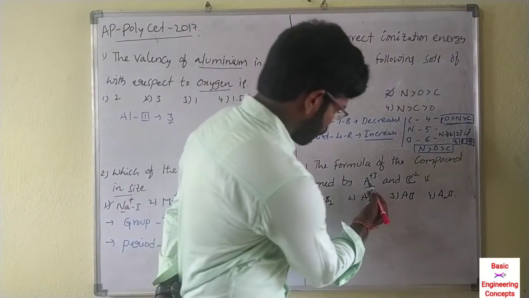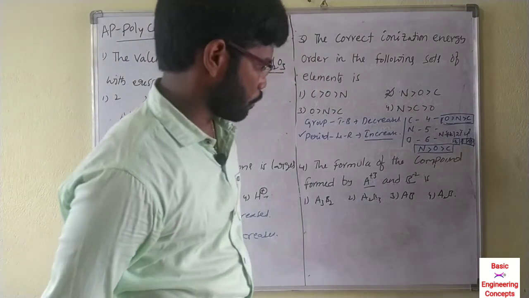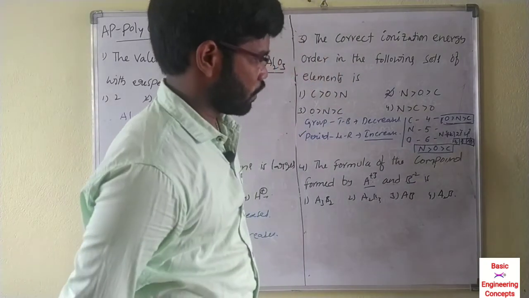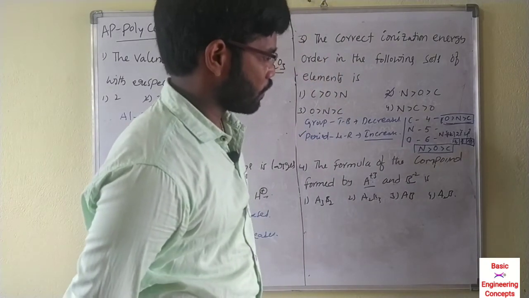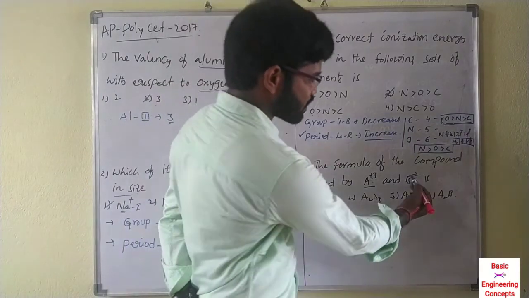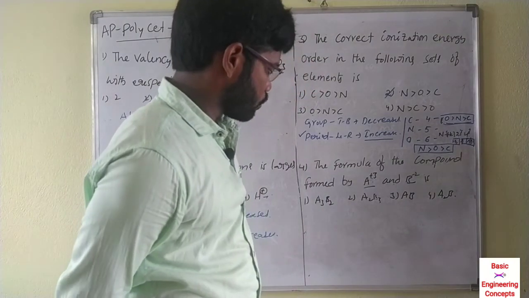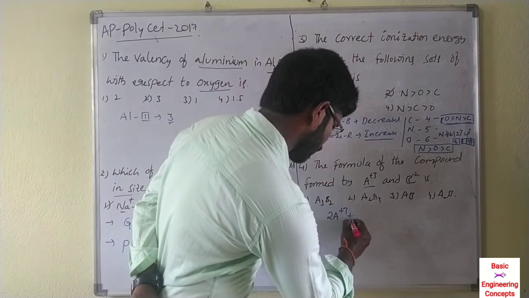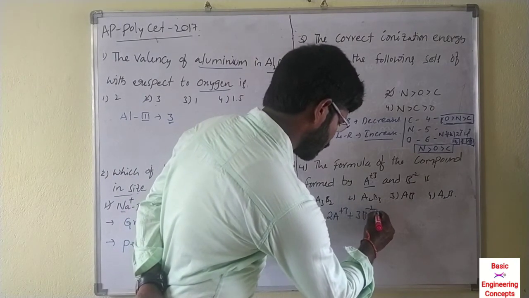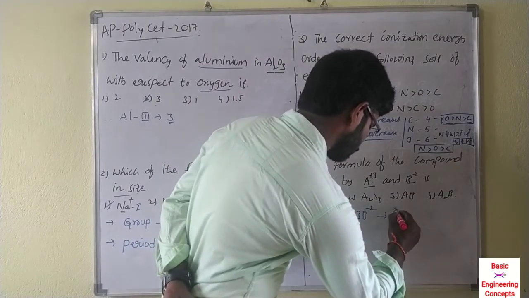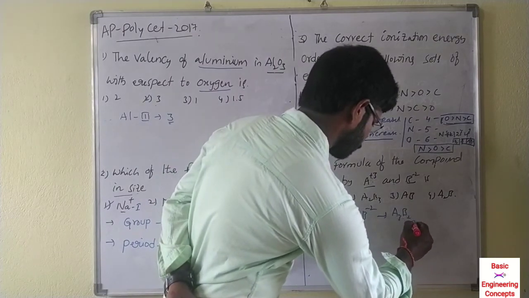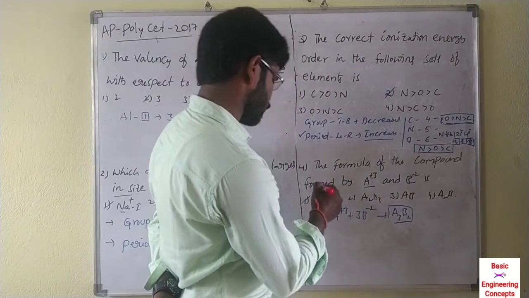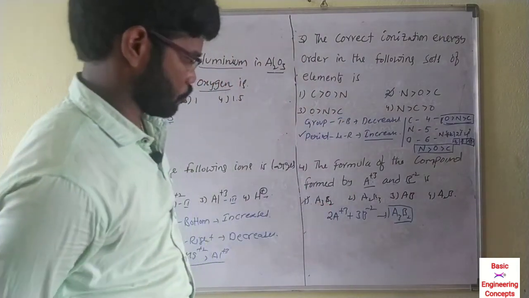A3+ means it is a third group element, B2- means it is the chalcogens family, the oxygen family. So 2A3+ plus 3B2- gives rise to A2B3. A2B3 is the correct answer, so the second option is correct for this question.